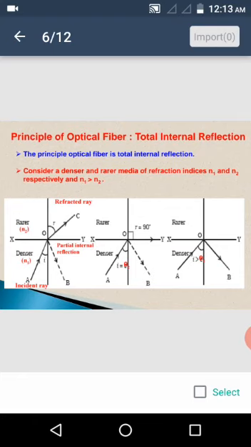That is, it travels along XY. Now the critical angle is defined as the angle of incidence where the angle of refraction is 90 degrees. Suppose the angle of incidence is greater than critical angle, then the incident light ray undergoes total internal reflection.